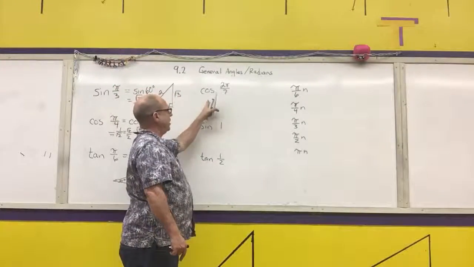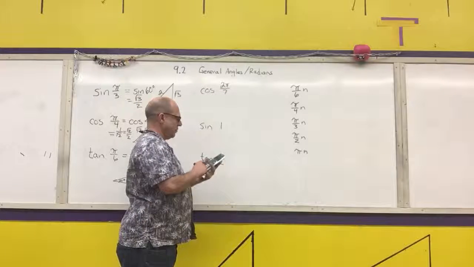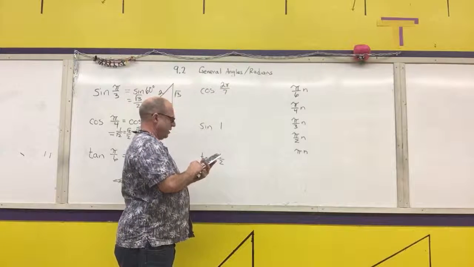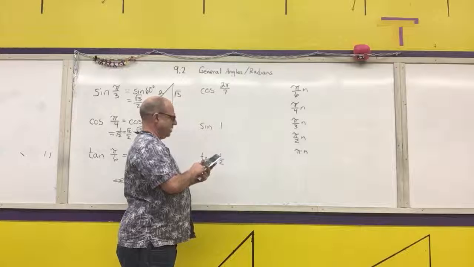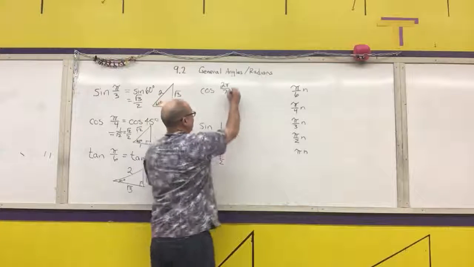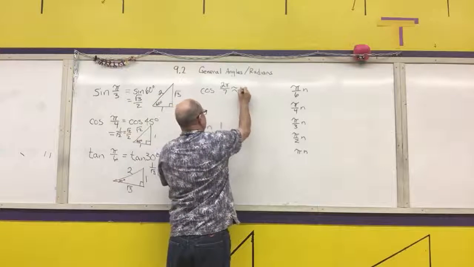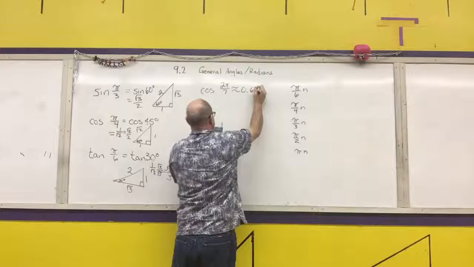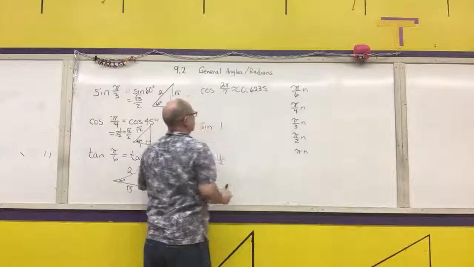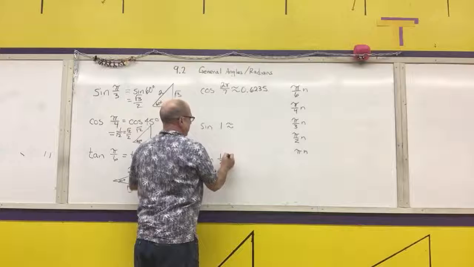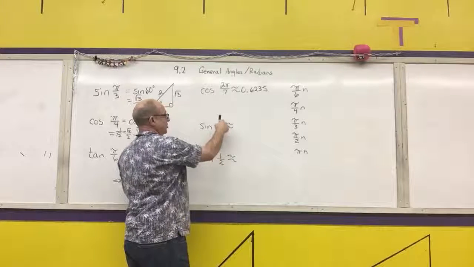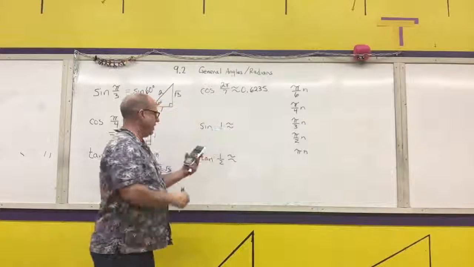So I'm going to hit cosine of 2 pi sevenths while I'm in radians mode. So I'm going to hit 2 pi divided by 7, and I get approximately 0.6235. Same thing here, sine of 1. There's no degree symbol, so that means 1 radian.